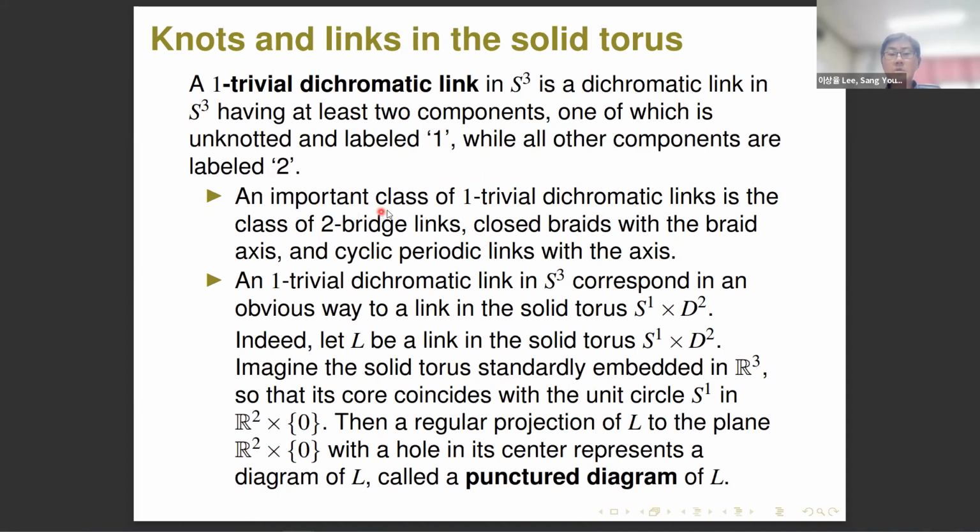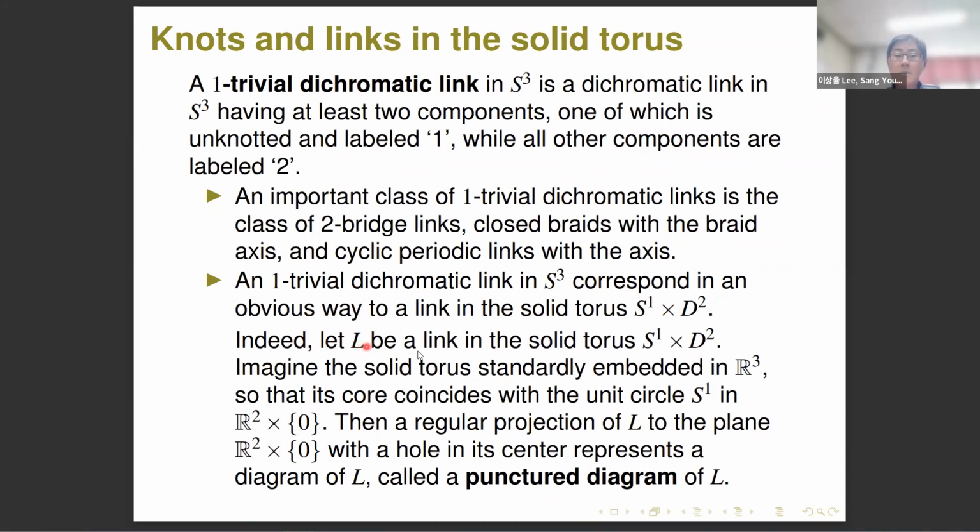An important class of one-trivial dichromatic links is the class of 2-bridge links, the closed braids with the braid axis, and cyclic periodic links with the periodic axis. And there are also some other examples. A one-trivial dichromatic link in S3 corresponds in an obvious way to a link in the solid torus.